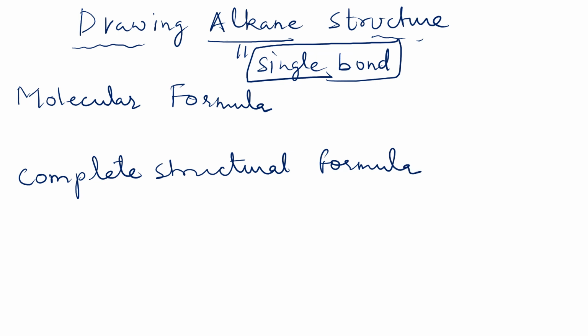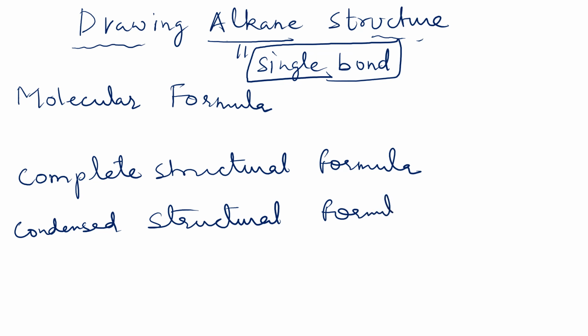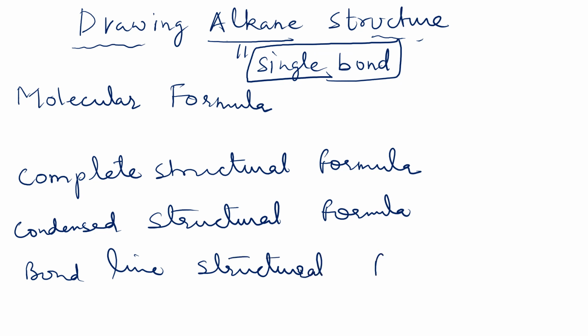Then we will study about condensed structural formula. Then bond line structure. So these are different ways to represent alkanes or hydrocarbons.